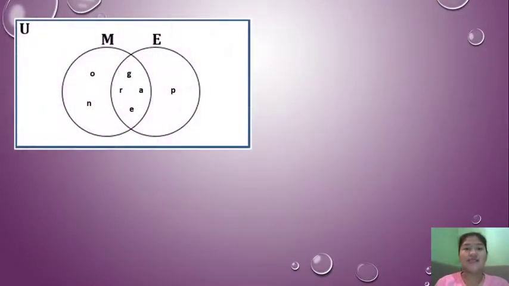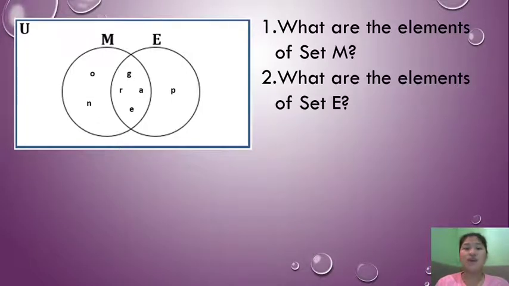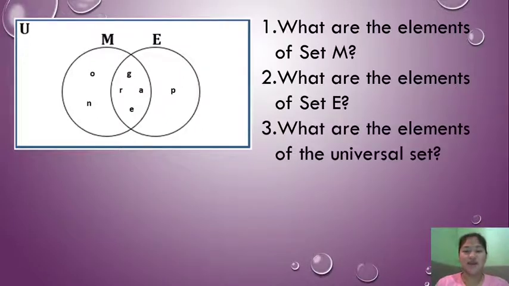So, in this Venn diagram, we can obtain the answers to the following questions. Let's say for number 1, what are the elements of set M? Question number 2, what are the elements of set E? Question number 3, what are the elements of the universal set? So for question number 1, we are asked to find the elements of set M. Now let us take a look at our Venn diagram.